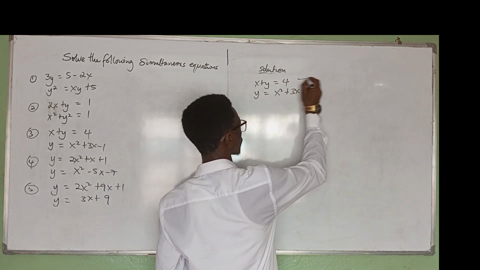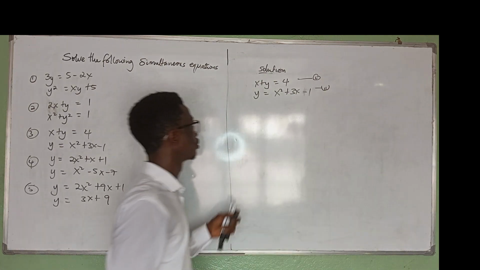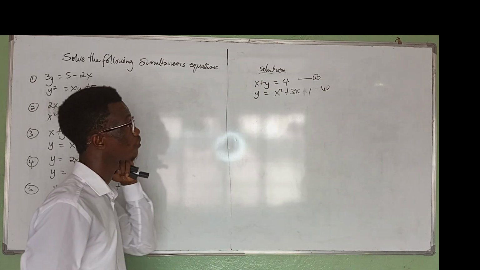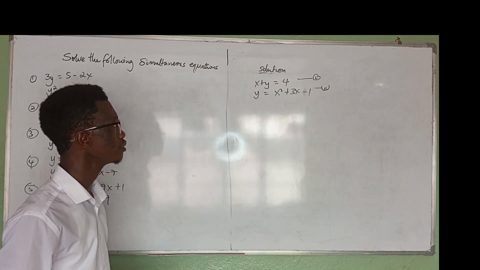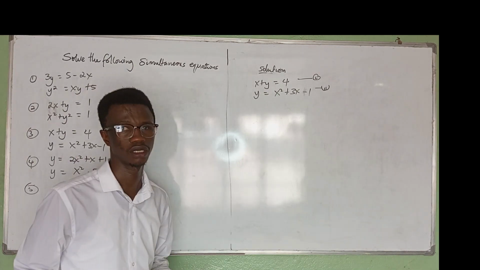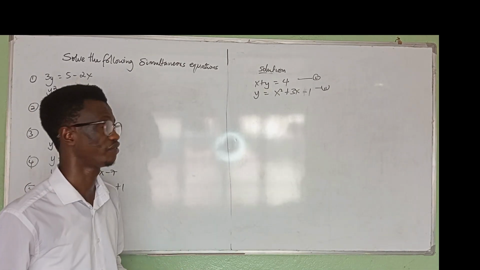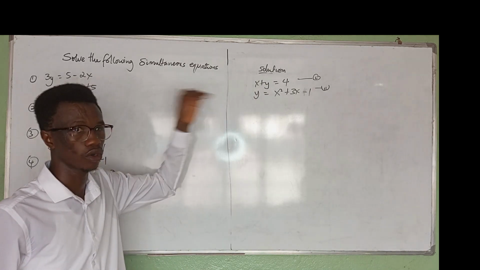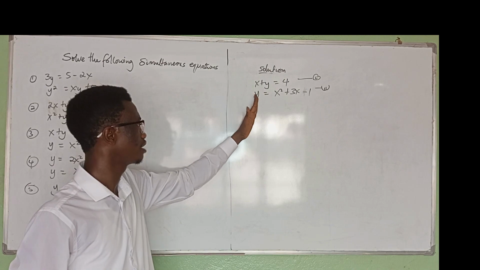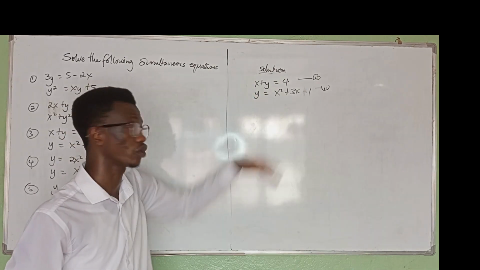This is equation 1, and this is equation 2. So this one says x plus y equals 4, y equals x squared plus 3x minus 1. Of course, they're just trying to make things complex, but it's actually very simple. When you look at this, one of the variables is already the subject of the relation, and that's equation 2.